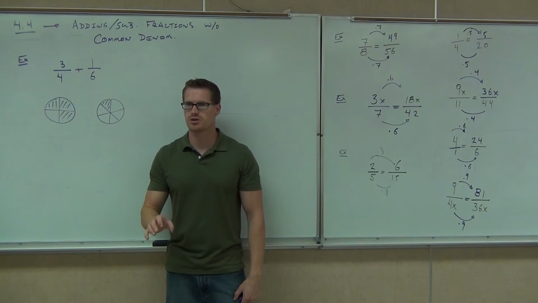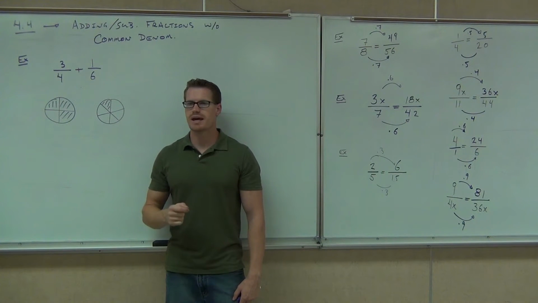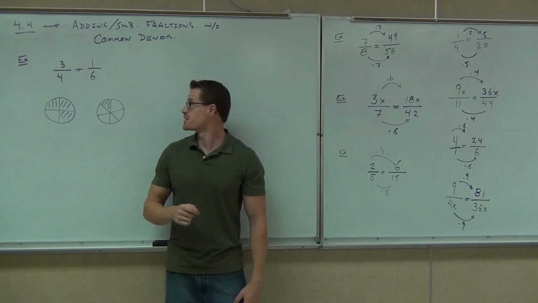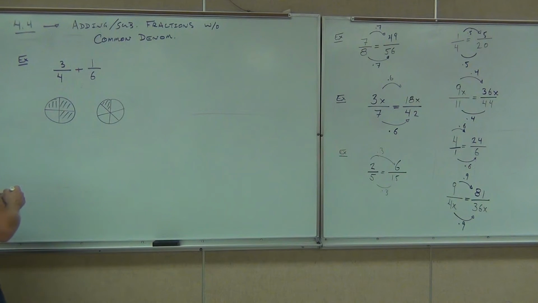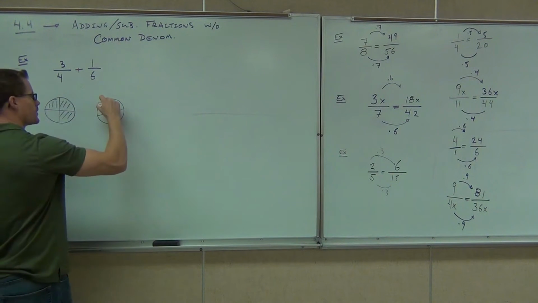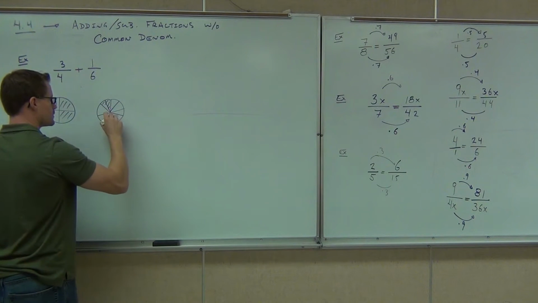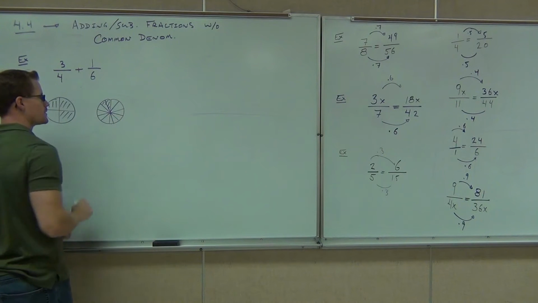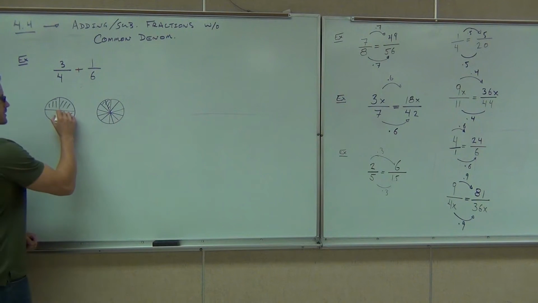Pictorially, as a picture, what you would do is cut these pizzas again to make sure they had the same number of slices. In our case, that's probably going to be 12 if you look for LCD. So I'd go, okay, here's 4. I want to make more slices here. Here's 6. I want to make more slices here. So everywhere I would cut this, so it has 12 slices. Here, I'd have to cut a little bit more.